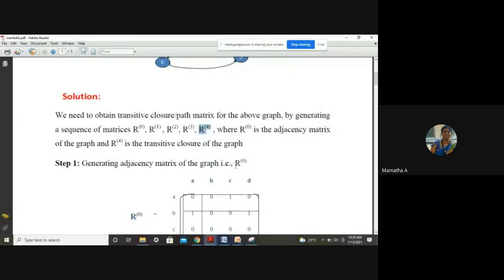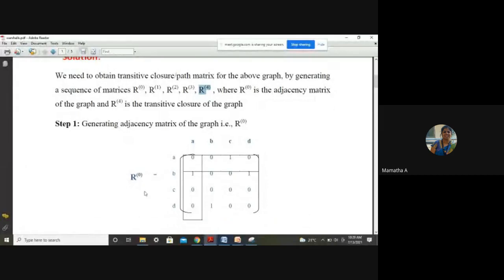As I've already told you, take the adjacency matrix of size 4 cross 4, name the rows with the vertices A, B, C, D and the columns also with A, B, C, D, and put 1 if there is an edge, put 0 if there is no edge. Done. Why have I put these boxes? That is for the next step. First, you have to write the adjacency matrix.